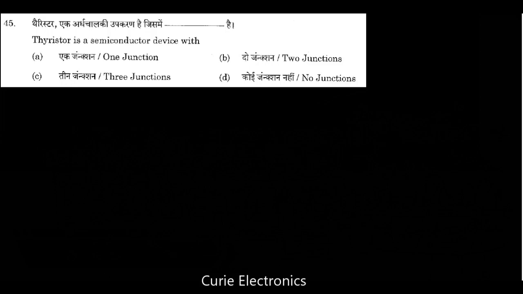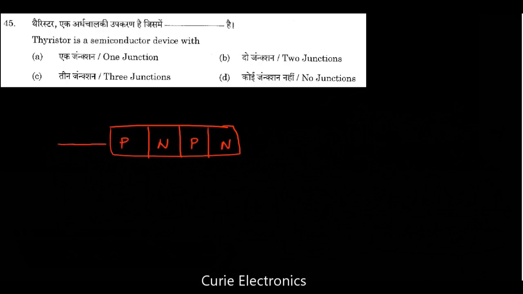Thyristor is a semiconductor device with, what is a thyristor? Thyristor is a PNPN device. We have an anode, we have a cathode, and somewhere here we have a gate.